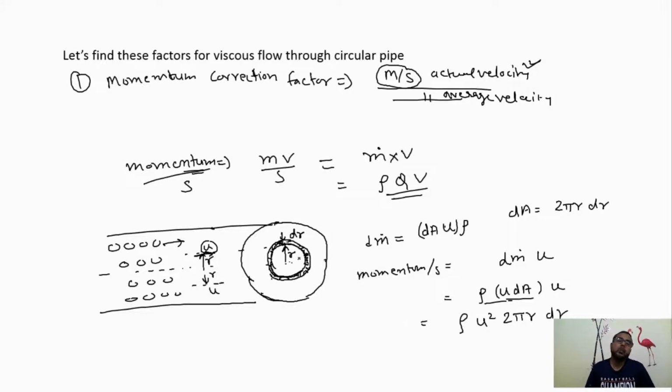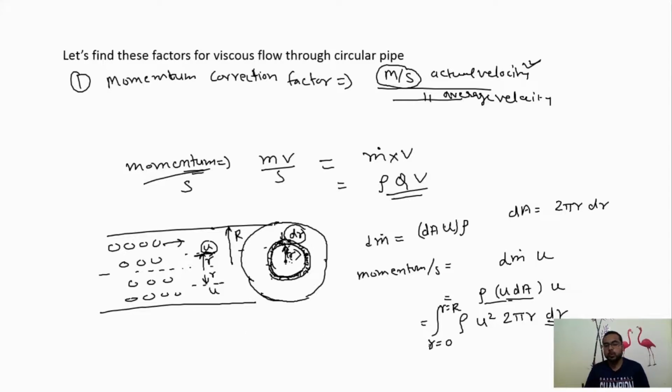To calculate for the whole cross section, we integrate this term with respect to r, with limits r equal to 0 to r equal to capital R, the radius of the pipe.